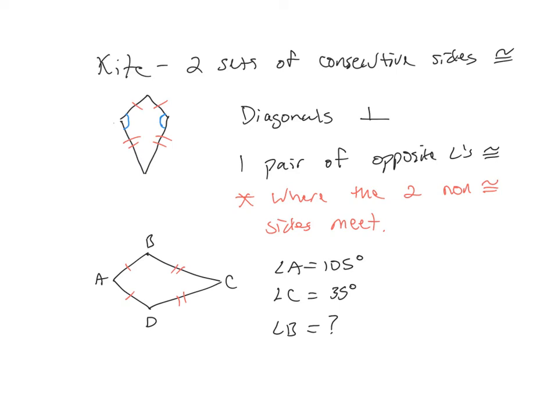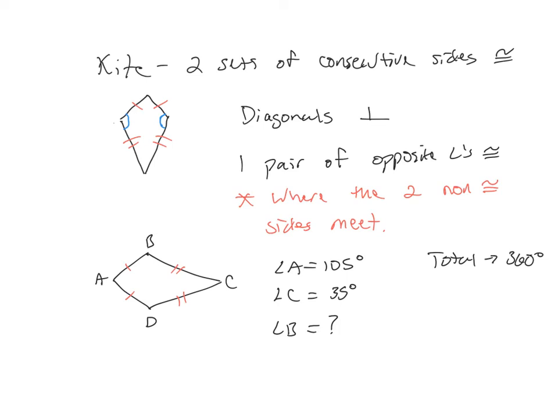Well, first you would need to remember that this has 4 angles, so the total is 360. You can do the number of sides minus 2 times 180.